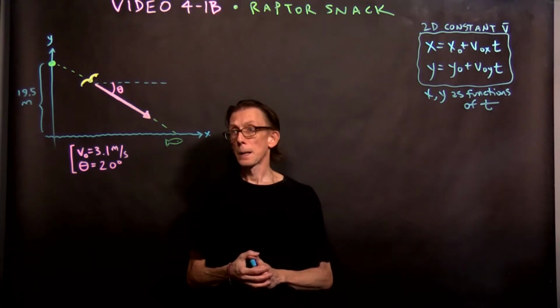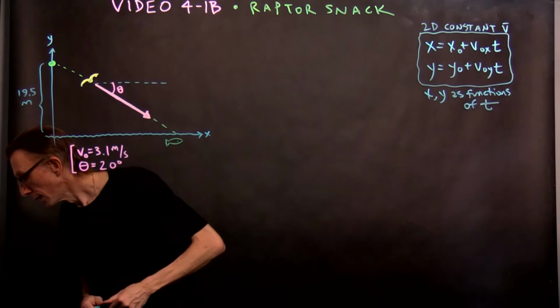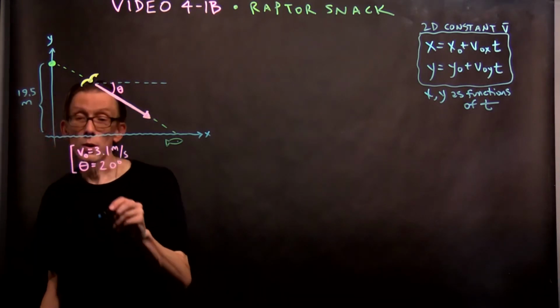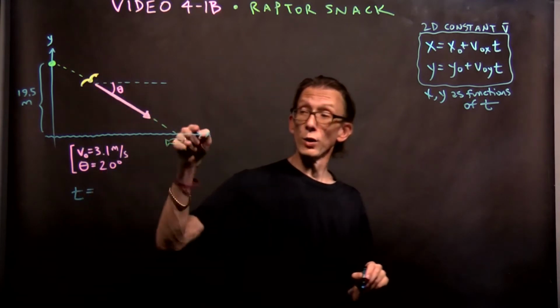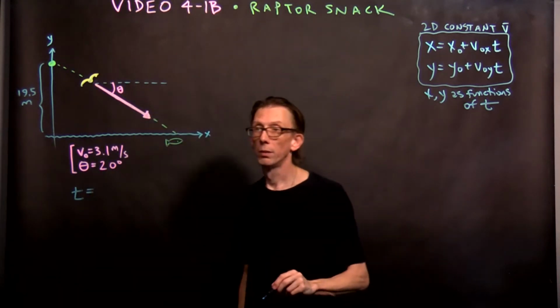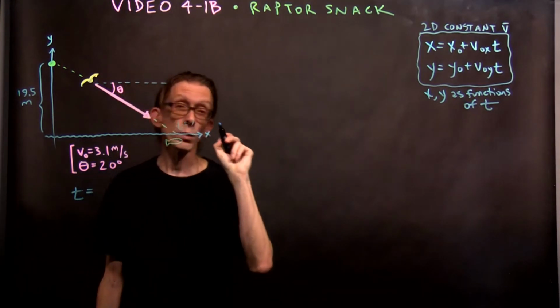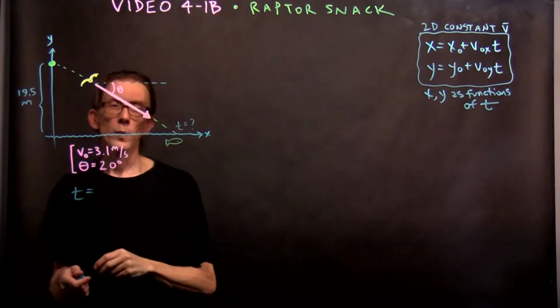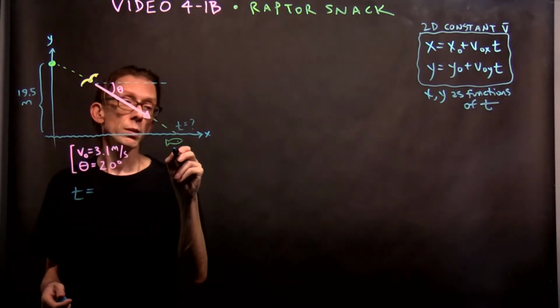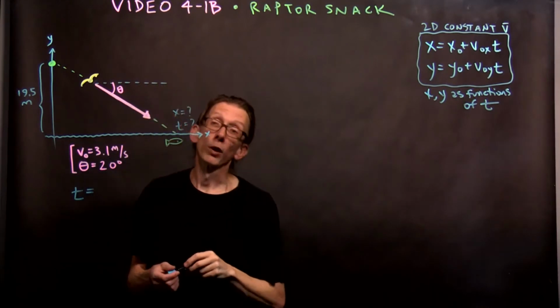What we want to know, the question we're asking, is this. At what time does the eagle get the fish? We want to know what the time is when the eagle gets the snack. And we also want to know what the position of the snack is along the x-axis.